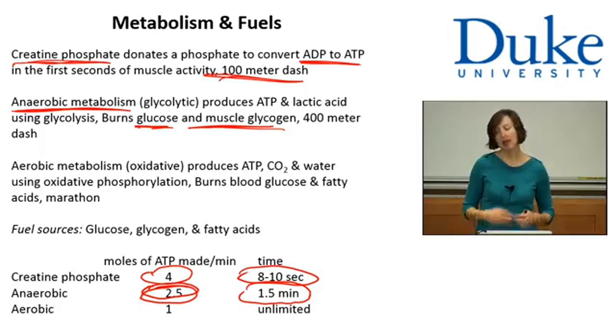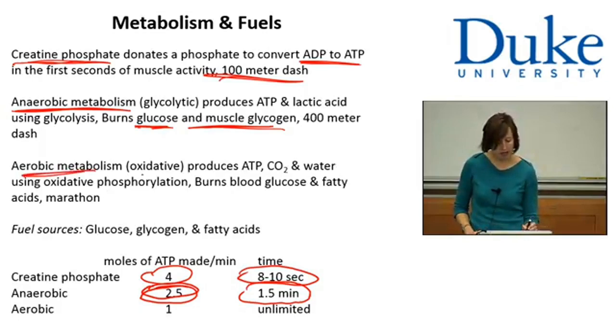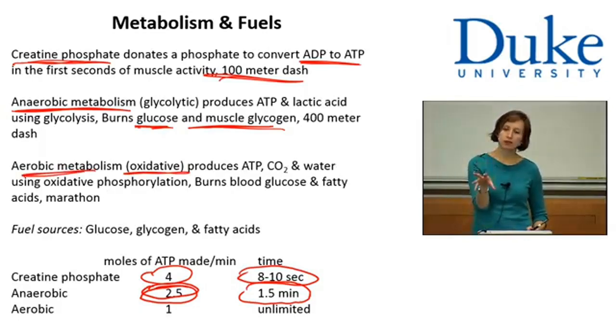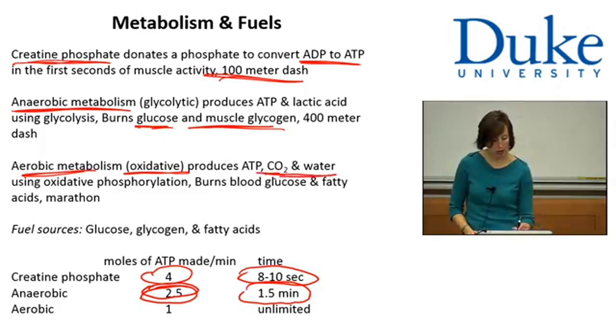After that, the more dominant sorts of pathways are going to be aerobic metabolism, meaning that they require oxygen, and this is going to be the most efficient pathway because you're going to completely oxidize fuels to CO2 and water.